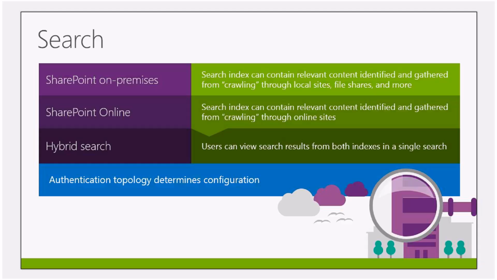Your authentication topology, the topologies we talked about a few minutes ago, really are what dictates the search experience. Again, the inbound topology, designed to perform and execute searches from online back to on-prem, outbound from on-prem to online, and bidirectional, regardless of where the search is executed, the result set's inclusive of all the locations defined by the hybrid topology.